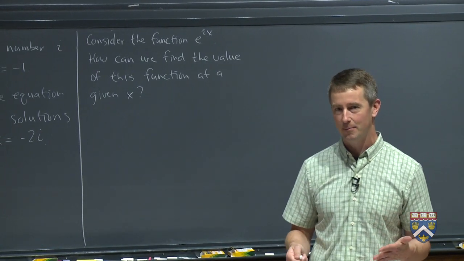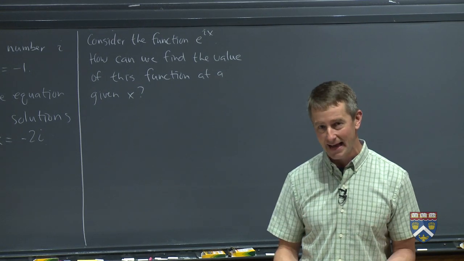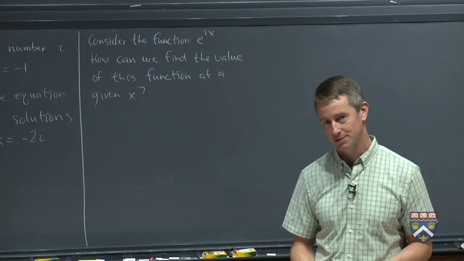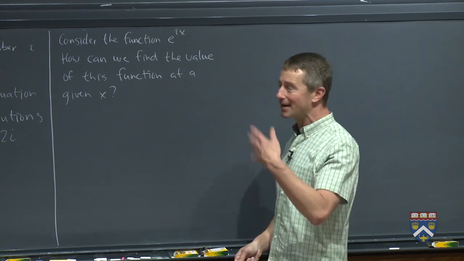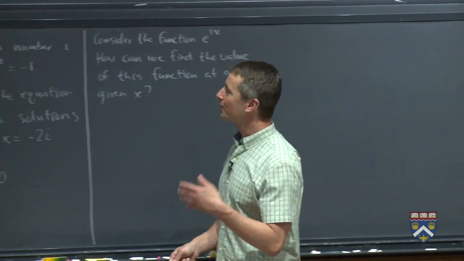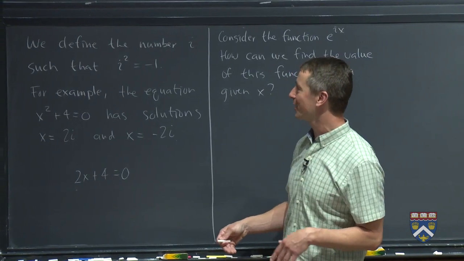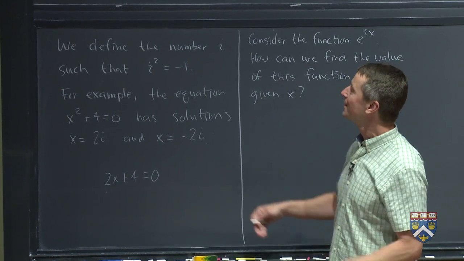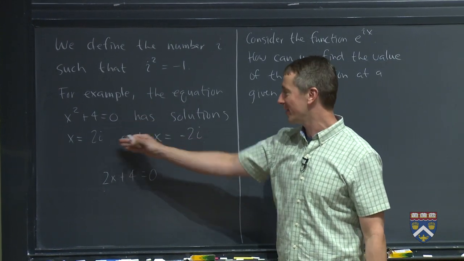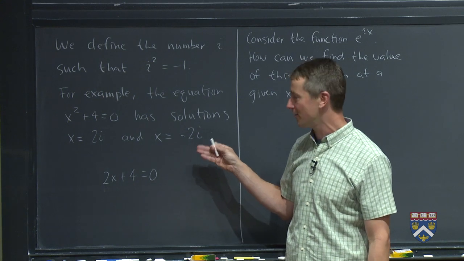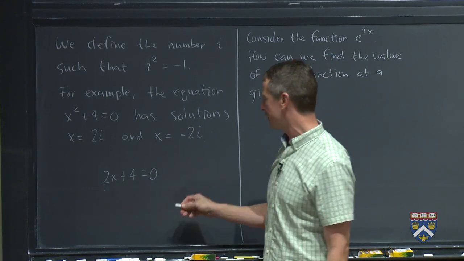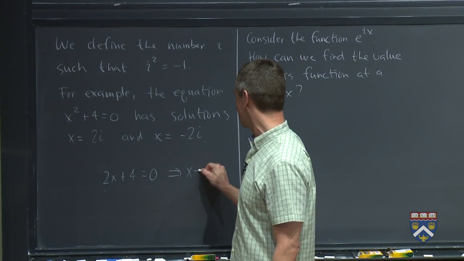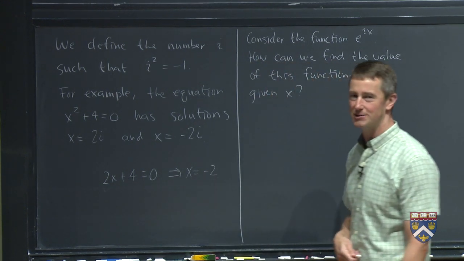Back then, people didn't believe that you should have negative answers as solutions to equations. So my claim is that several generations from now, your great-great-great-great-grandkids will look at an equation like this and think these solutions seem just as natural as x equals negative 2 seems to you.